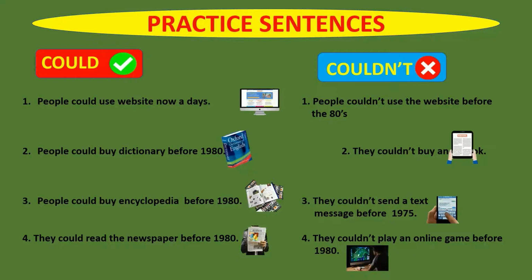They couldn't play an online game before or in 1975. So these are our sentence practice. I am sorry for this altered position of our sentence, but I hope you will practice with these sentences. We will have no Q&A this week. I want you to focus on the sentences.